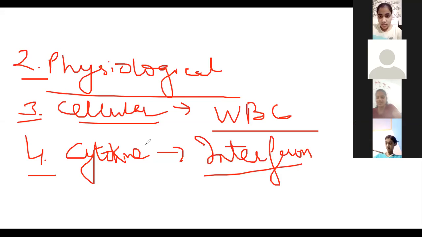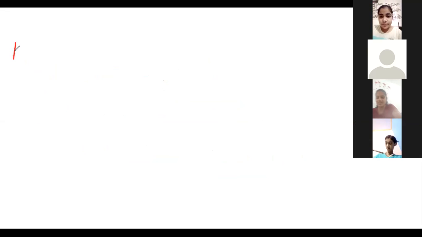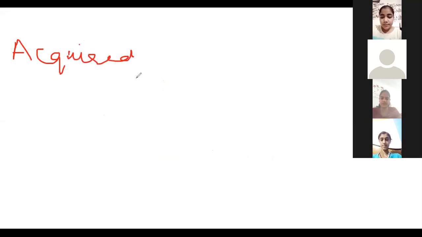Moving on to the second type of immunity, which is termed acquired. Is it present during birth, or is it attained during the lifetime? Both of these or none of these? Attained during lifetime.